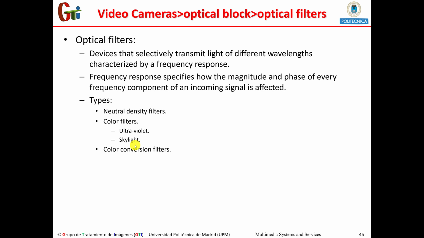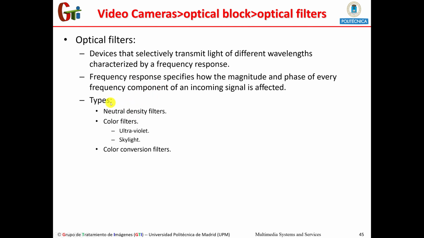Now we are going to see one of the last elements of the optical block, the optical filter. The main purpose of filters is to selectively transmit light of different wavelengths, and they can be characterized using their frequency response, which specifies the magnitude and the phase behavior of every frequency component.